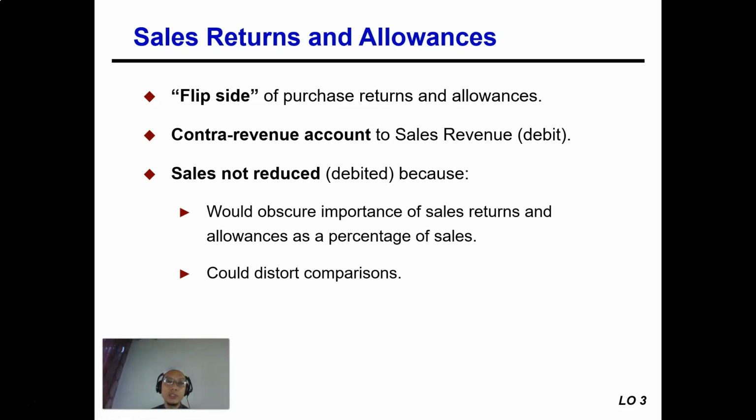When we keep a sales returns account, there's a specific record showing that there must be something wrong with our business, that we keep getting sales returns. Whereas if we immediately deduct from sales revenue, then we don't have anything to investigate, whereas we know that there's some problem going on.